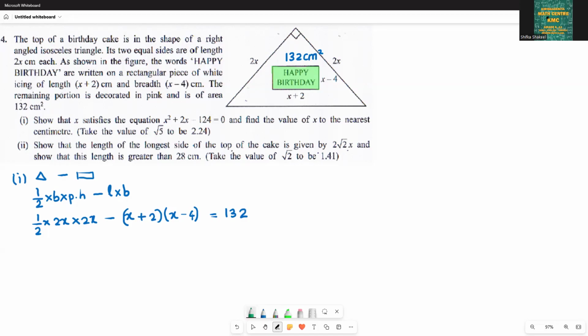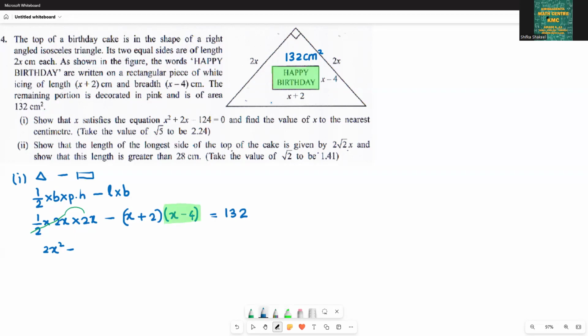So here the multiplications are like scissors; we can cut off 2 and 2. The balance is x into 2x, which is 2x squared, minus the product of binomial expressions. We studied how to multiply binomial expressions from grade 9 onwards.